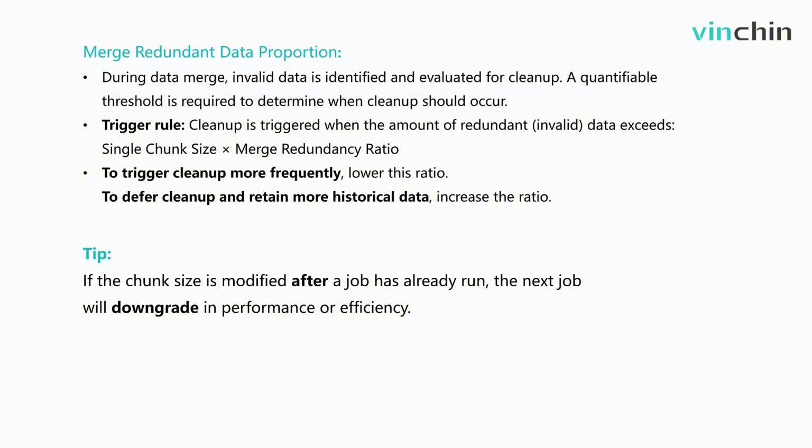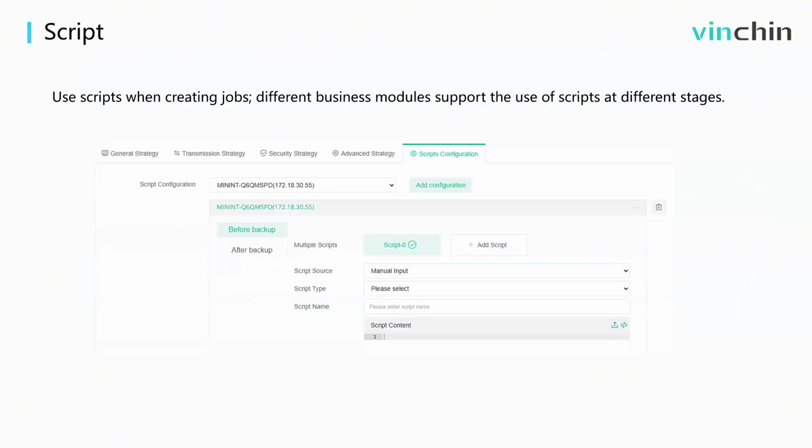To trigger the cleanup more frequently, lower this ratio. To defer cleanup and retain more historical data, increase this ratio. And if the chunk size is modified after the job has already run, the next job will degrade in performance or efficiency. You can also set scripts. Use scripts when creating jobs. Different business models support the use of scripts at different stages.